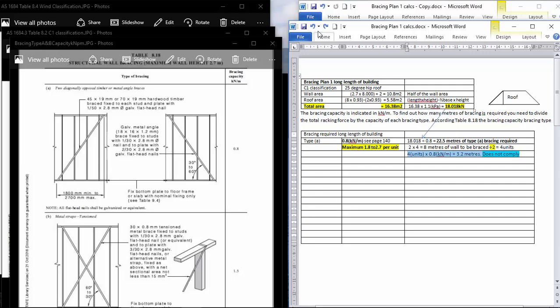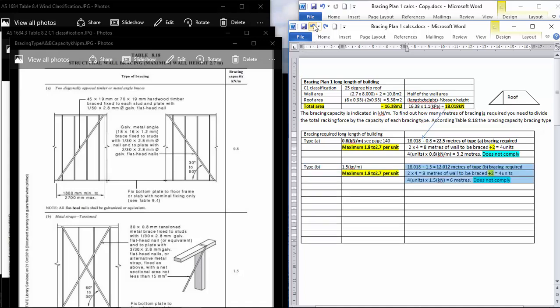Type B. We have a 1.5 capacity. We just go through the same routine and we find that it doesn't comply. We then go to type D and it has a 3 kilonewton capacity.